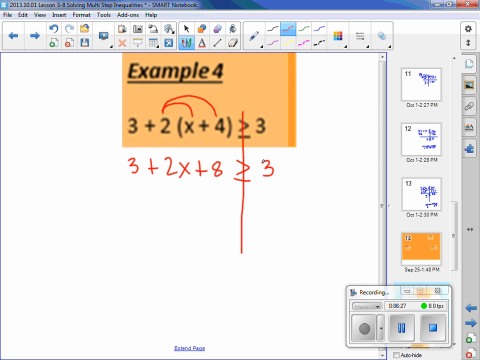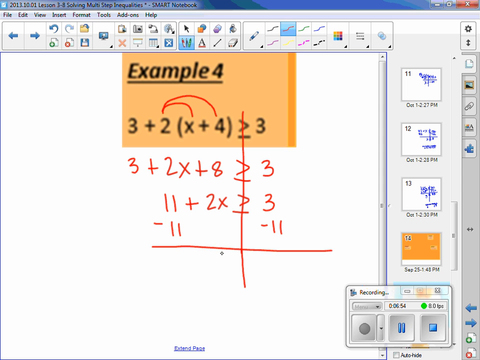Okay, so we distributed. What are we supposed to try to do next? Combine like terms. Do I have any? Which ones? 8 and 3, which would give me 11. So I've got 11 plus 2x is greater than or equal to 3. And then what should I do? Minus 11.